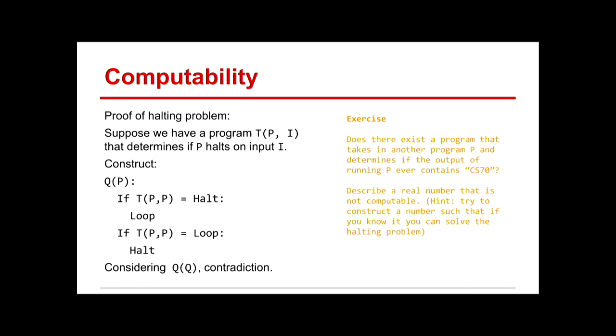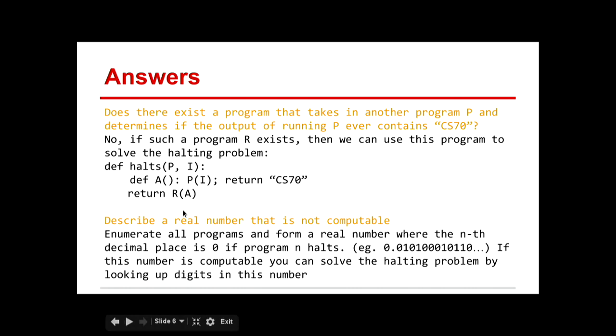So we can take a look here. We define this program HALT, which will solve the halting problem if you could define the program R, which is what we want. You first define another helper function which runs the program, and if it halts, it returns CS empty.